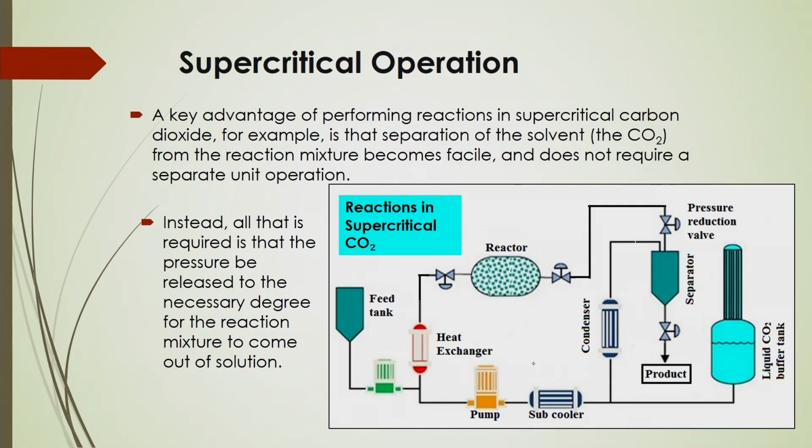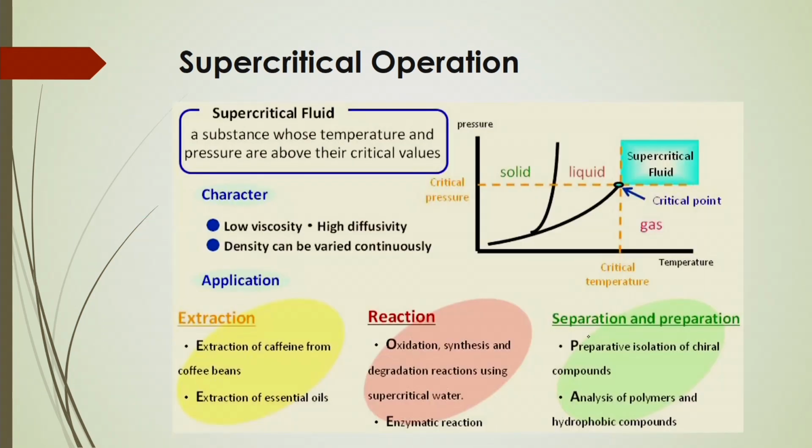So, this is important for supercritical operation, based on which you can perform the reactions in supercritical carbon dioxide, separating the solvent from the reaction mixture without using a separate unit operation.